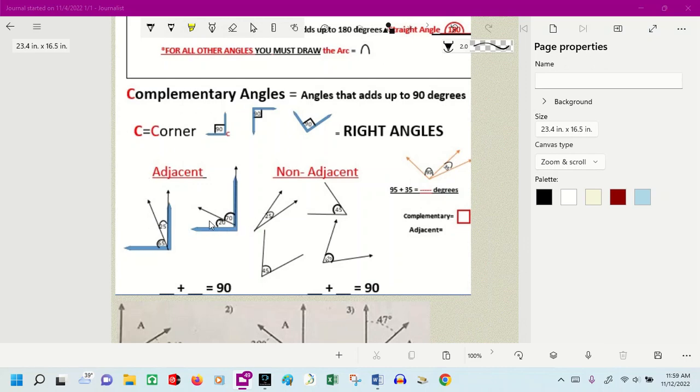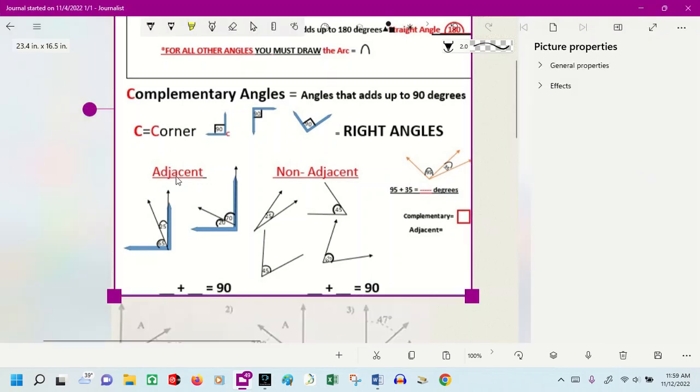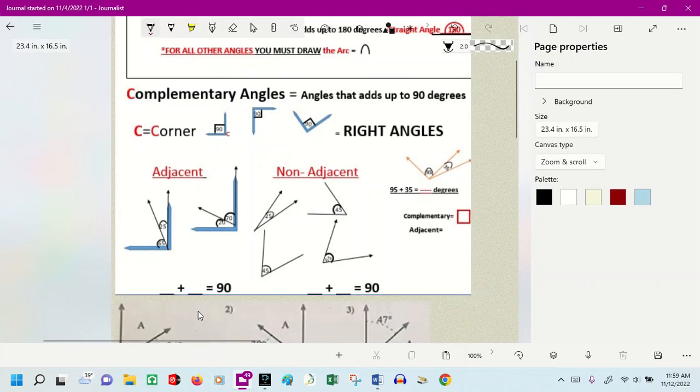If this angle is 20 degrees and this angle is 70 degrees, these two angles do add up to 90 degrees. How do you know? It's a complementary angle. Two angles are complementary when they add up to 90 degrees. So we can put our equations there. We can put in any number we so choose to.